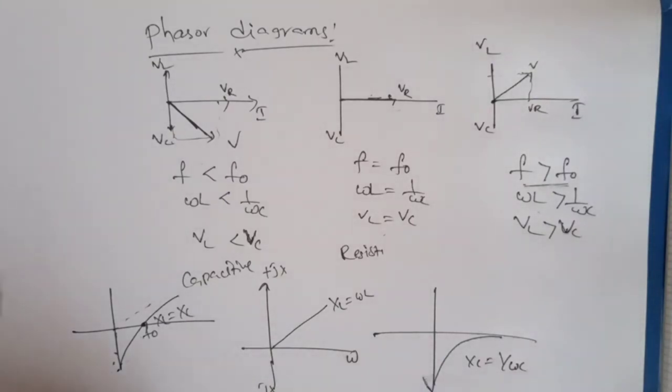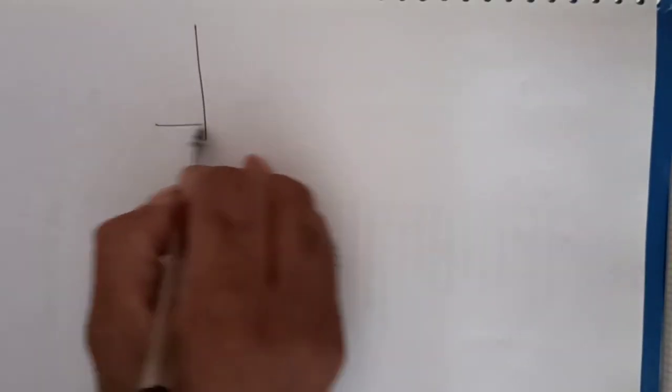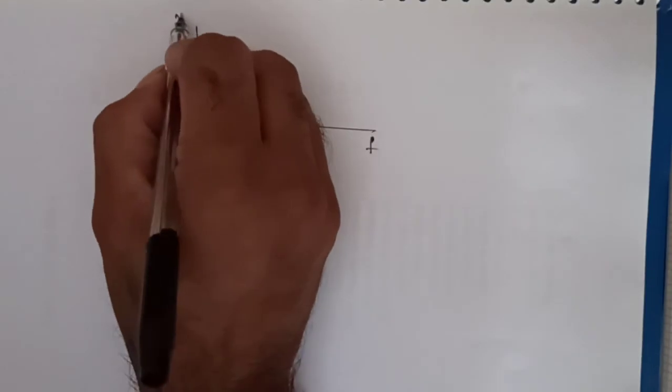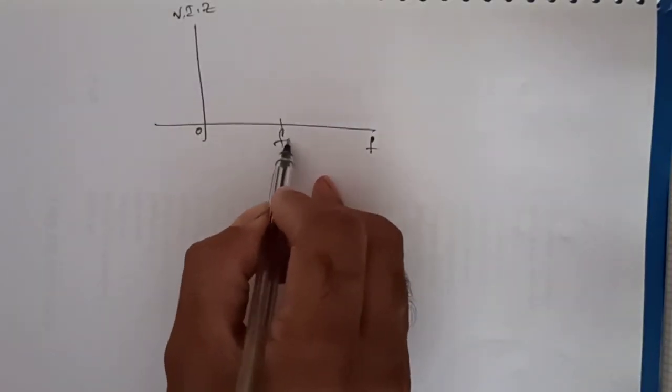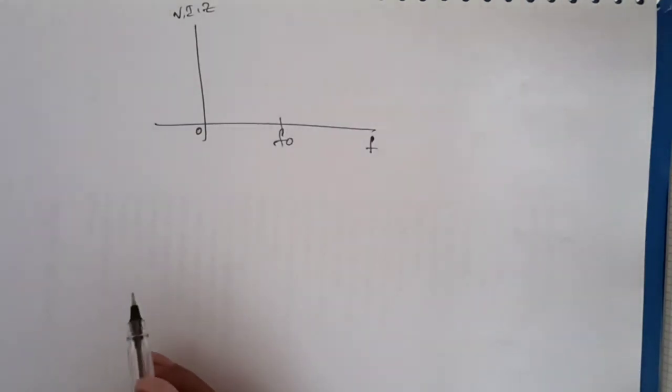This comes under the properties of the series resonant circuit. Now let us see the variation of current, impedance and admittance with respect to the resonant frequency. This is frequency, and this is either voltage, current or impedance. Let us assume this is the resonant frequency f0.